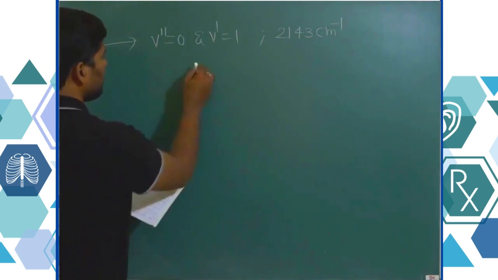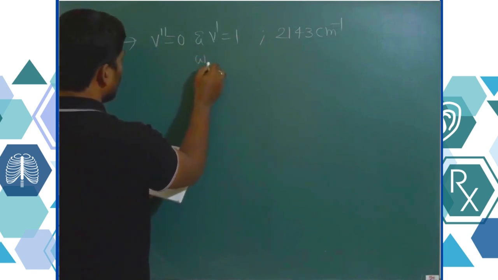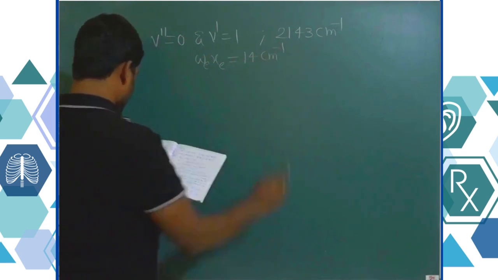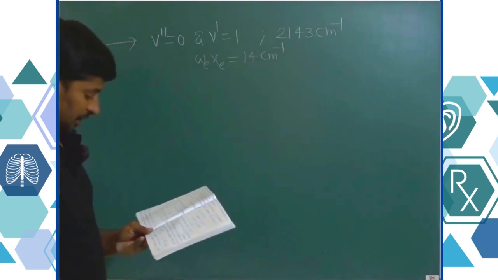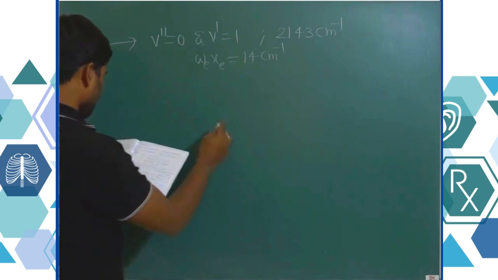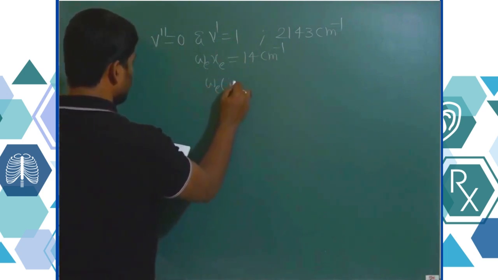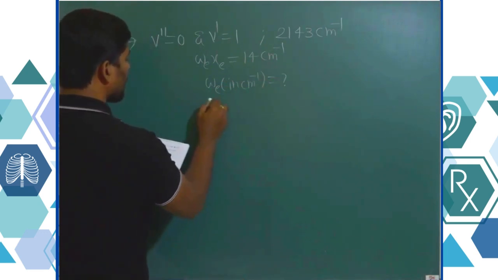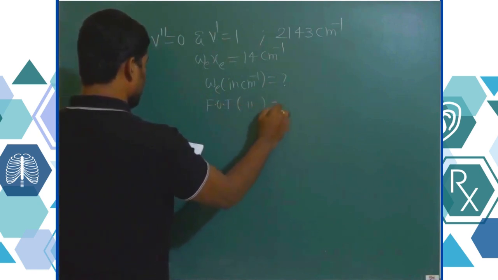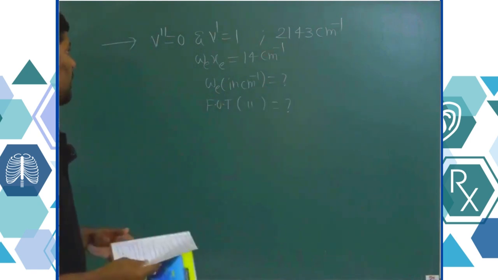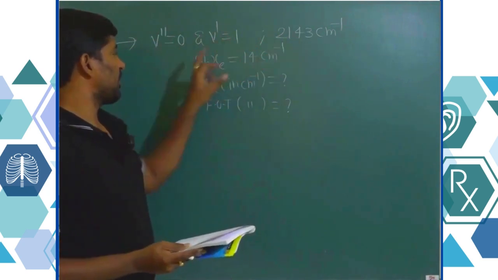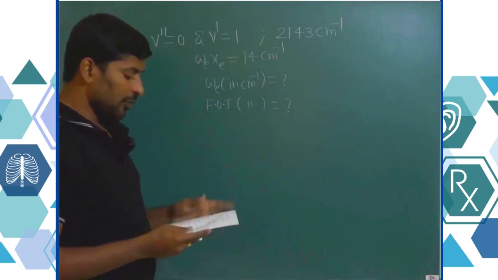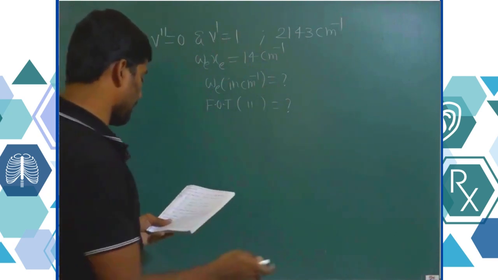Its anharmonicity omega e xe is given as 14 centimeter inverse. The values of omega e in centimeter inverse and the first overtone in centimeter inverse of this molecule, respectively, are. So the gap between 0 and first level is given, the omega e xe value is given, we have to calculate omega e and the first overtone in centimeter inverse.